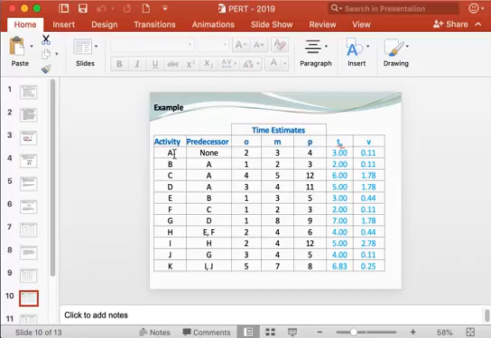You can see for each of these activities, TE is calculated using these values: 2 plus 4 into 3 plus 4, divided by 6, so you get 3, and V you get by 4 minus 2, whole thing divided by 6 raised to 2, which gives 0.11. Like this you can calculate.